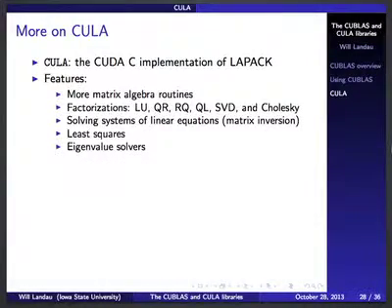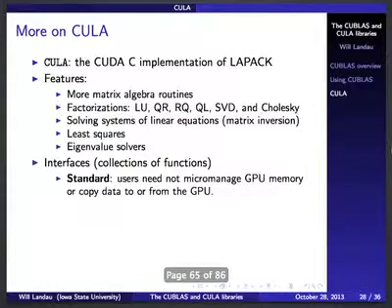The important thing about CULA is it black boxes things a little more. It has two different kinds of interfaces. There's a standard interface where you don't even need to worry about copying things to and from the GPU. You give it an object in memory on the CPU, and it'll copy it over for you, do the routine, and write it back for you, without you having to call cudaFree or cudaMalloc at the end or beginning.